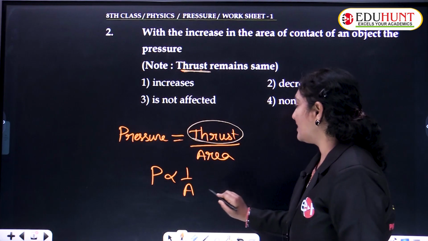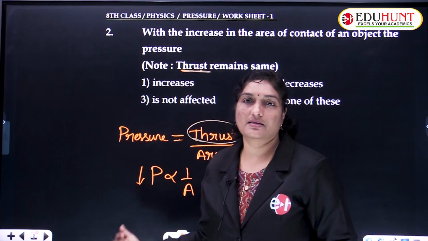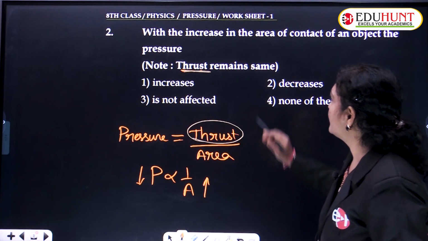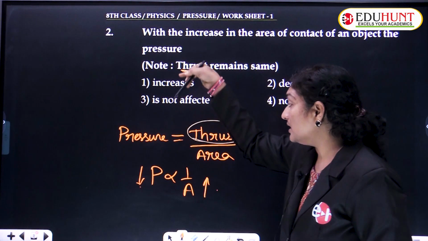So if the area of contact increases, the pressure must decrease, because they are inversely proportional.